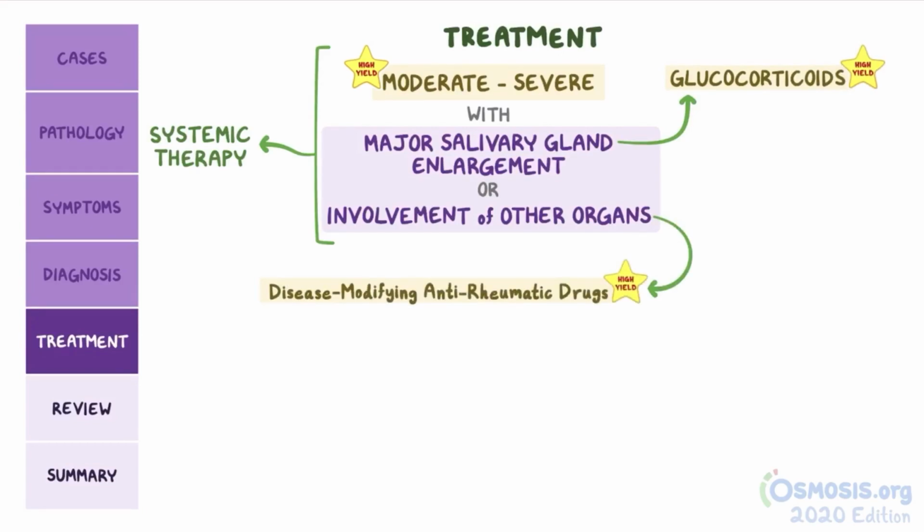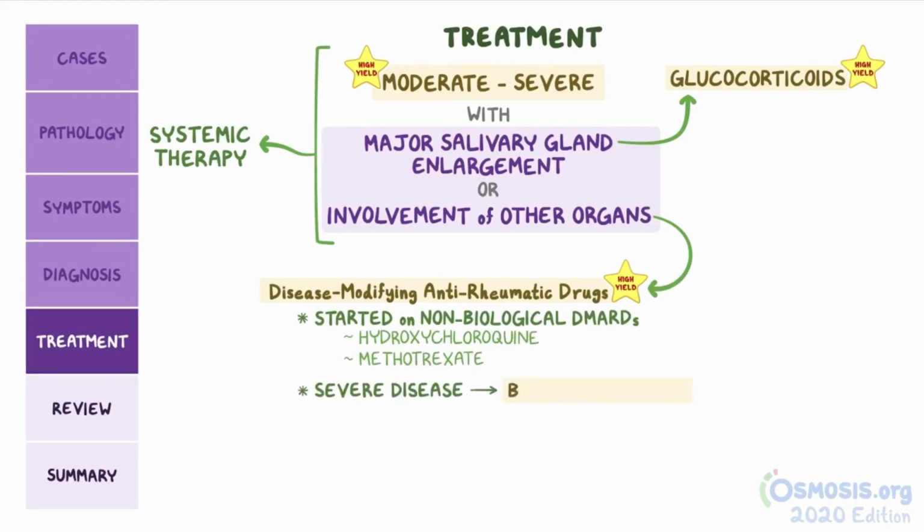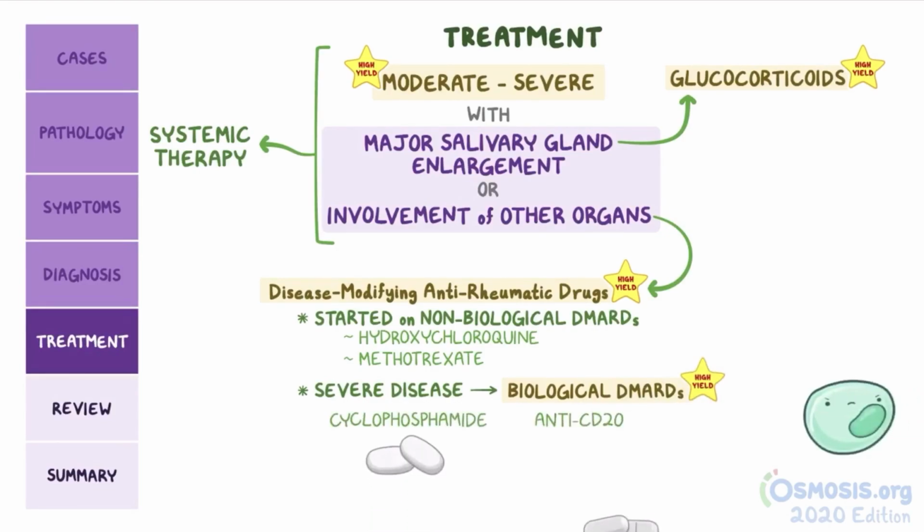Most individuals are started on non-biological DMARDs like hydroxychloroquine and methotrexate. By contrast, severe disease gets biological DMARDs, all of which suppress some part of the immune system, such as the alkylating agent cyclophosphamide and the anti-CD20 antibody rituximab, which targets B cells.